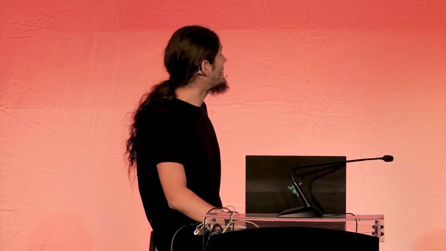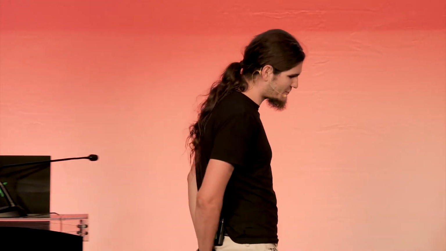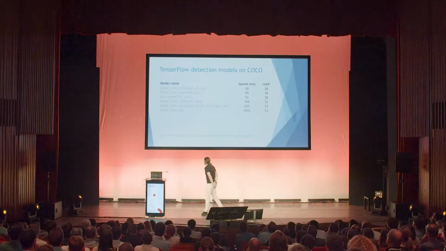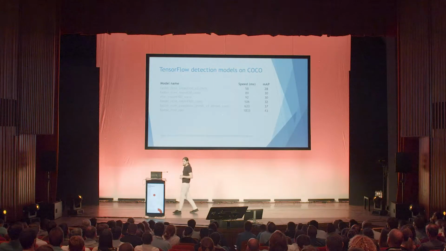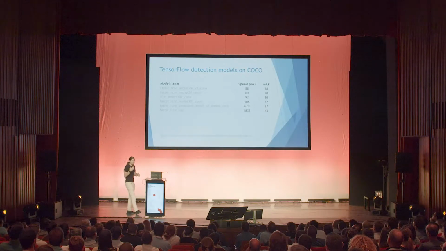And here are some numbers from some of the more modern models that TensorFlow has available. On the last column, you can see the score, which goes from 0 to 100, 100 being perfect. MAP stands for mean average precision.